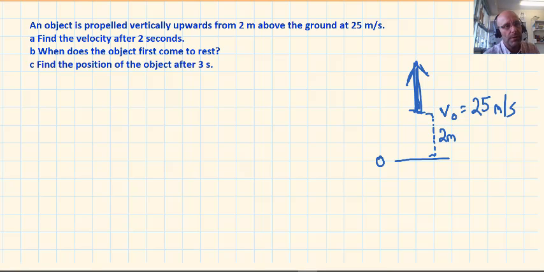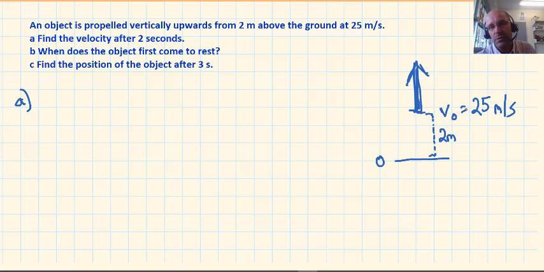So we've got to do three things: find the velocity after 2 seconds, then we've got to find when the object first comes to rest, and the position of the object after 3 seconds. So it's scaffolded out for us, it looks, so they tend to be reasonably okay questions to do.